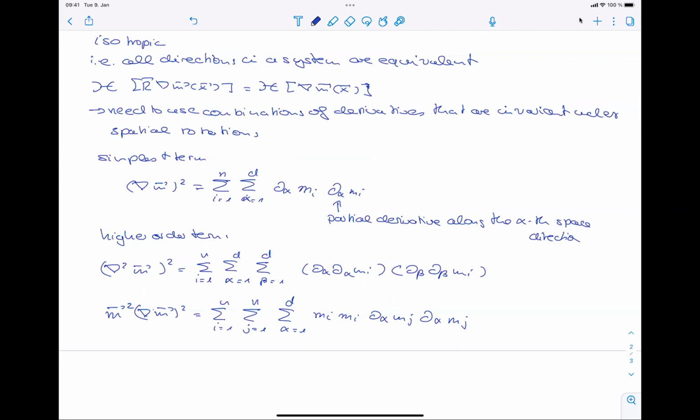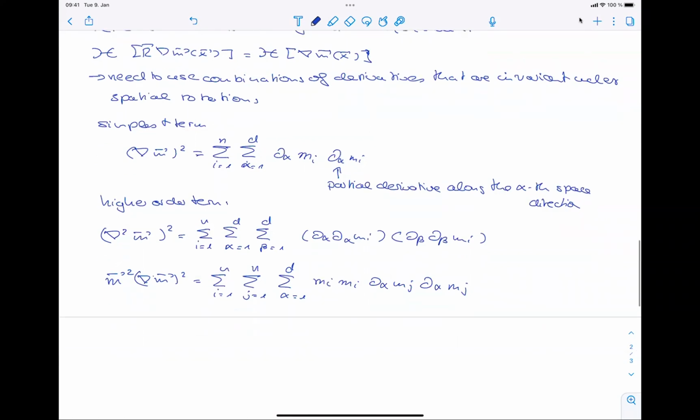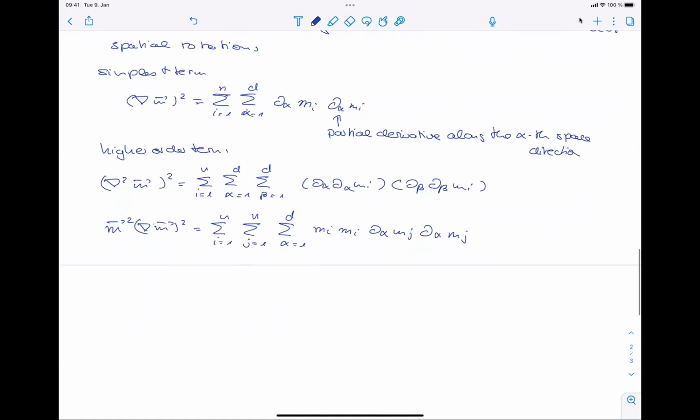Yeah. So in general, I would say N is equal to D, but in my notation I don't make an assumption here. Oh, okay. And this would be the typical application that you consider.